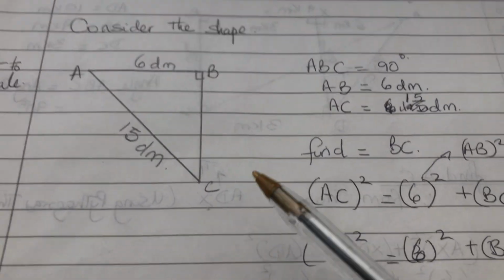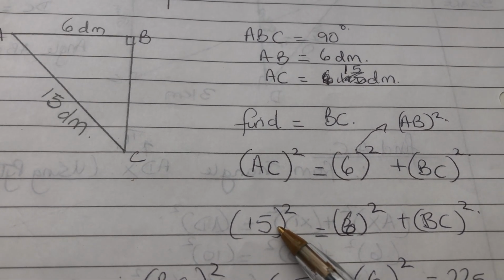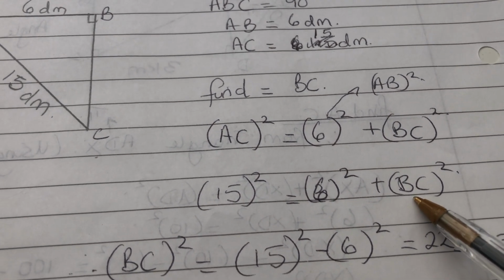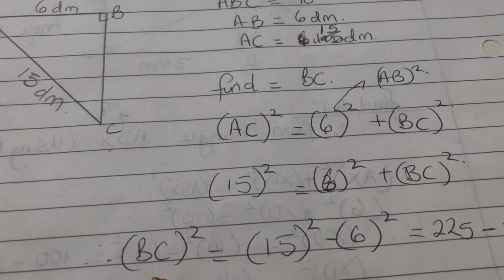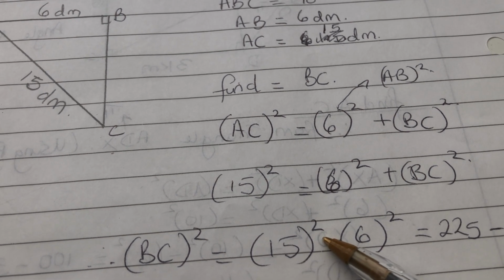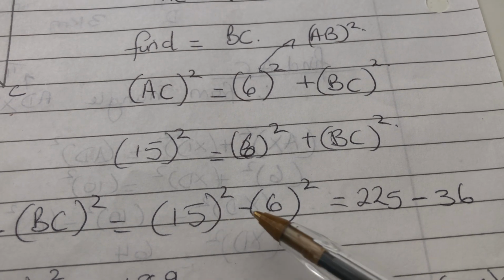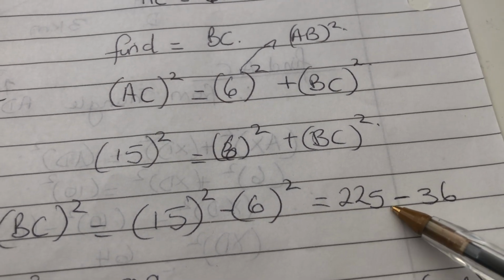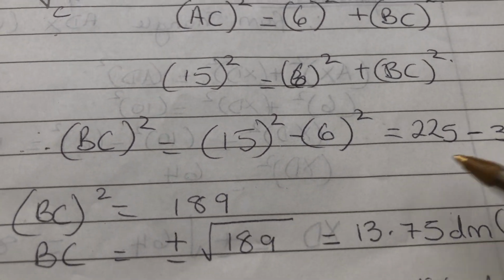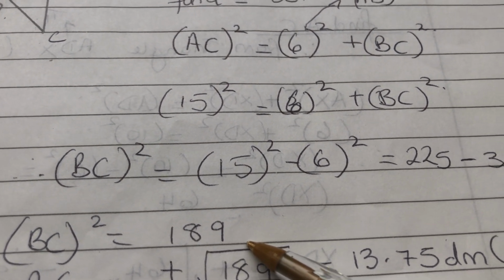So AC is 15 squared, AB is 6 squared, and then we want BC squared. So BC squared will be 15 squared minus 6 squared. So 15 squared is 225 minus 36. So BC squared will be 189.